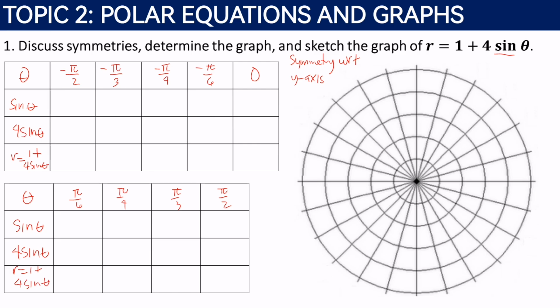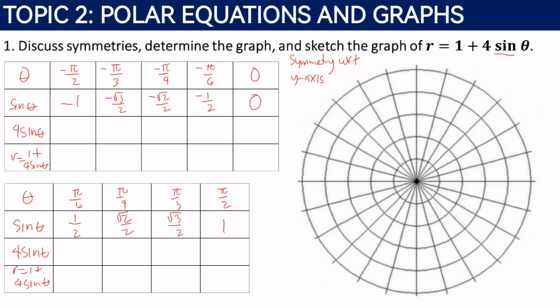Okay, let's do that. Sine of negative pi over 2 is negative 1. Sine of negative pi over 3 is negative square root of 3 over 2. This is negative square root of 2 over 2. This is negative 1/2. Sine of 0 is 0. Sine of pi over 6 is positive 1/2. This is positive square root of 2 over 2. Square root of 3 over 2, and sine of pi over 2 is 1. Next, we multiply sine theta by 4.